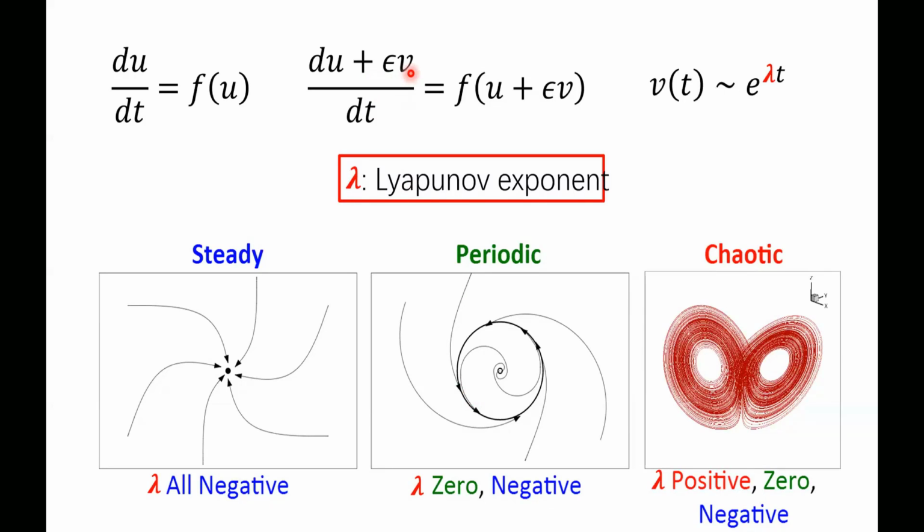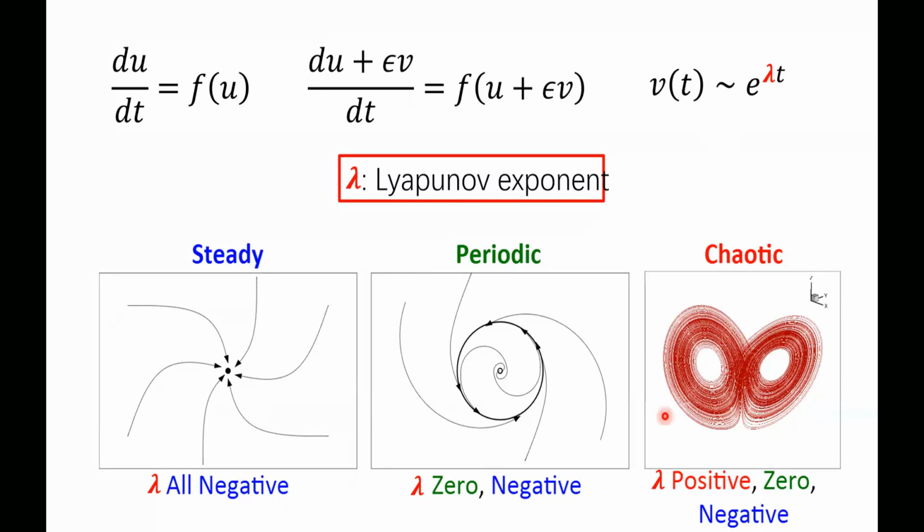If v is exactly du/dt, then that perturbation would never die down. If you perturb the flow such that you are one time step ahead, then the perturbed flow would always be one time step ahead. So that corresponds to a zero exponent. The perturbation would stay roughly constant over a long time.